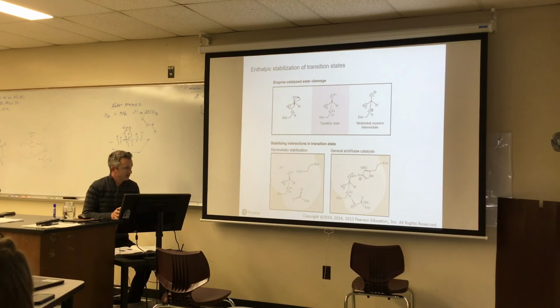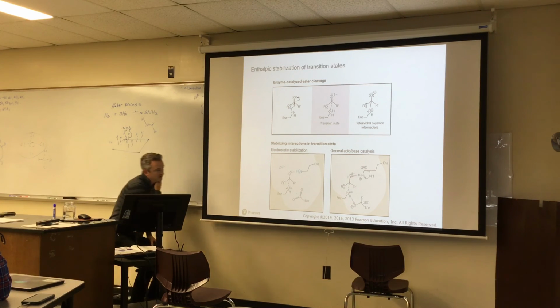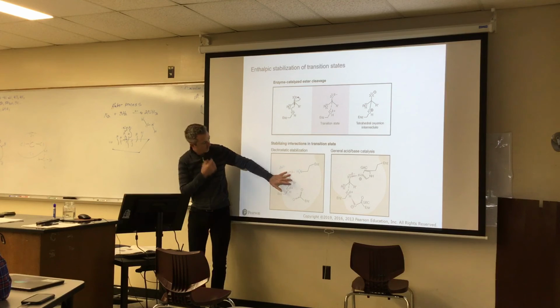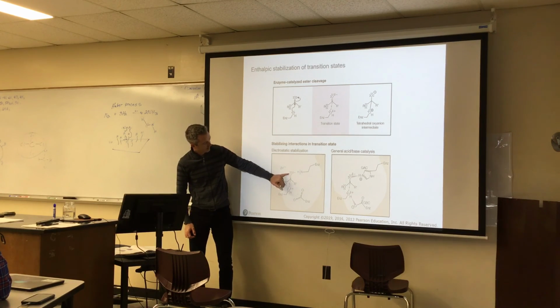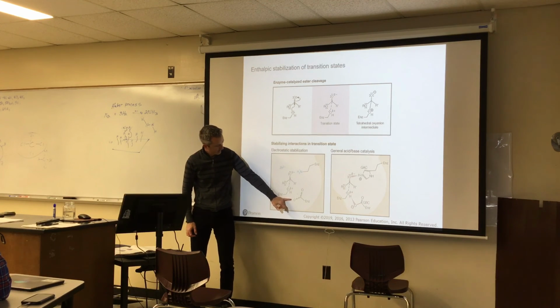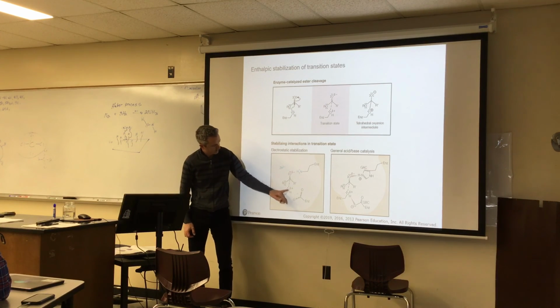Either an electrostatic stabilization by various charged groups on amino acid residues. Take a look. That would be the N-terminus, right? Stabilizing that charge. And then the C-terminus where you've got the carboxylate stabilizing this charge.